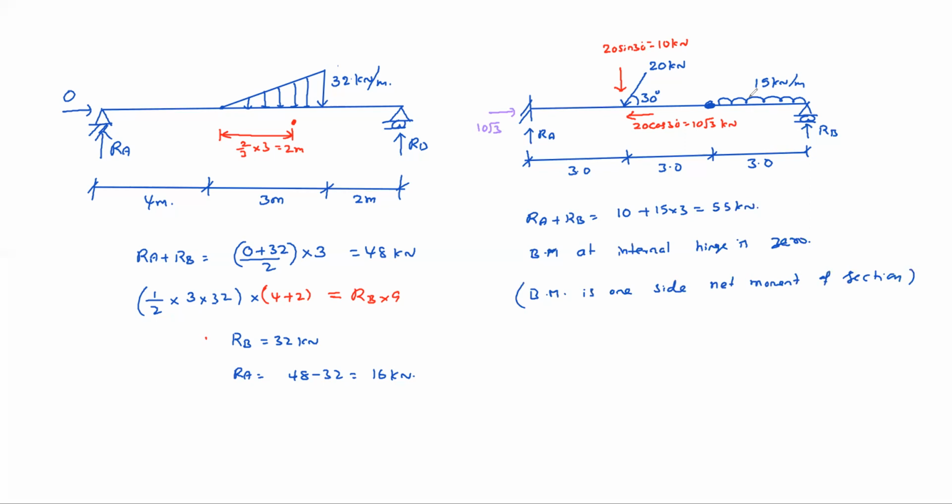So let us take the right side. 15 into 3 is the load, into its centroidal distance 1.5, that is clockwise. Anticlockwise, RB into 3. So RB into 3 equals 0 moment, because the bending moment at the hinge is 0. With this you can find out RB.